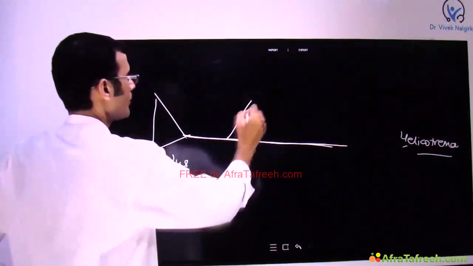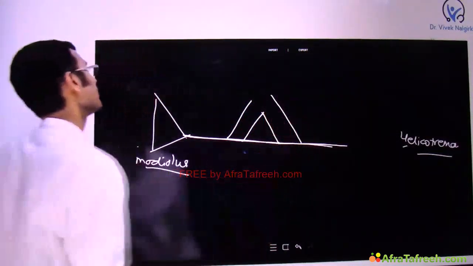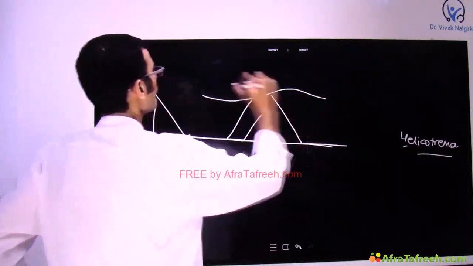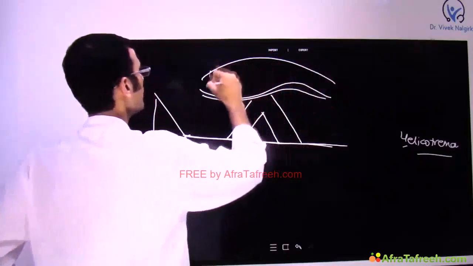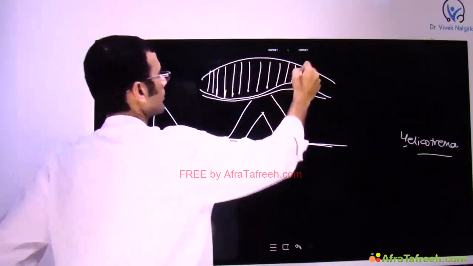On the basilar fiber, there is the organ of Corti, which appears like this. There are rods of Corti. There is the reticular lamina, and then there is a sheet of tissue called the tectorial membrane.